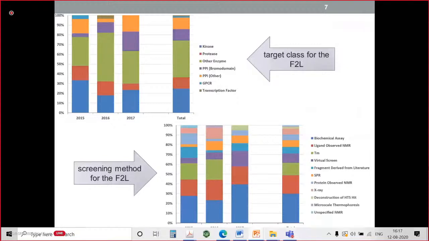And in the case of fragment-based drug design, to develop the fragment into the lead molecule, different approaches are being explored. So it is not always, say, only computer-aided drug design that is used.